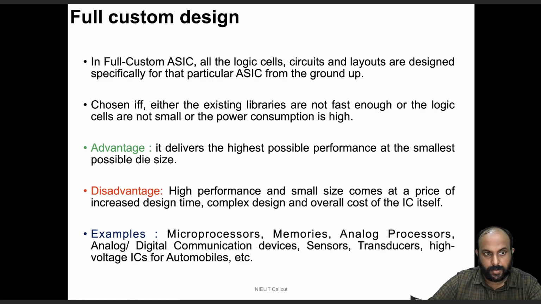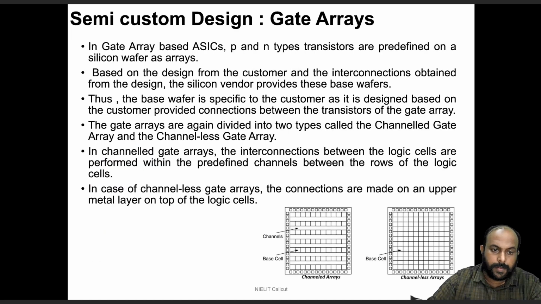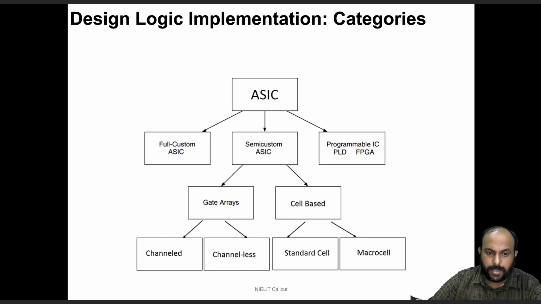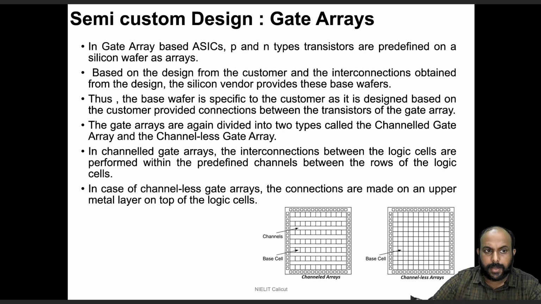The other category of ASIC could be semi-custom design, and as we have seen here, semi-custom designs could be gate array based or cell based. If you look at gate arrays, in gate array ASICs the P and N type transistors are predefined on a silicon wafer.